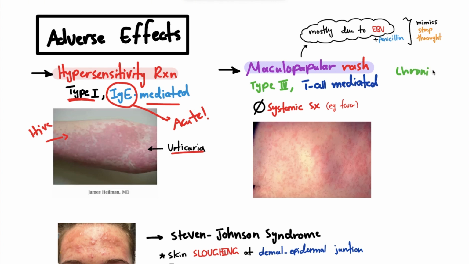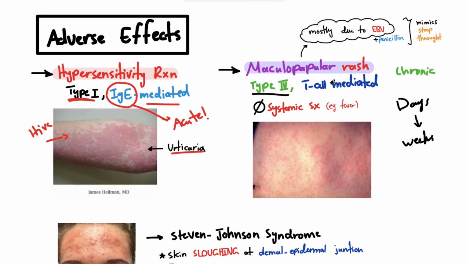It's chronic, and it takes from days up to weeks to appear. Because of that, we can tell that this is a type 4 sensitivity reaction.